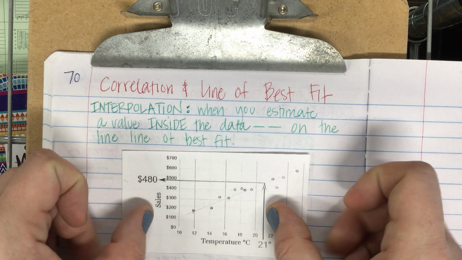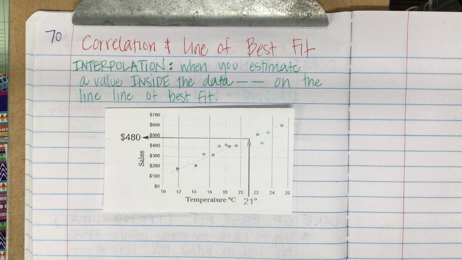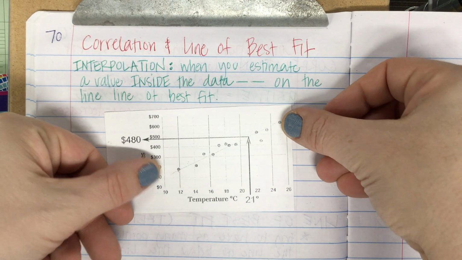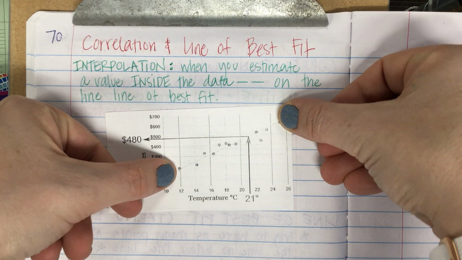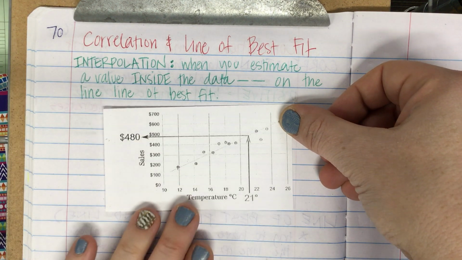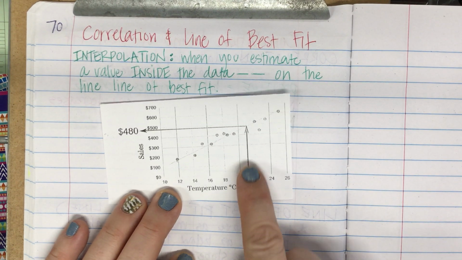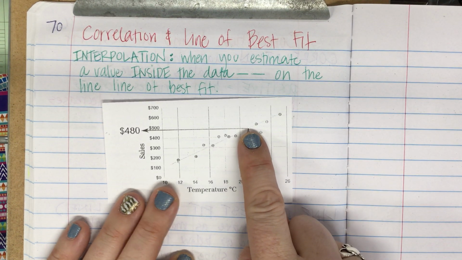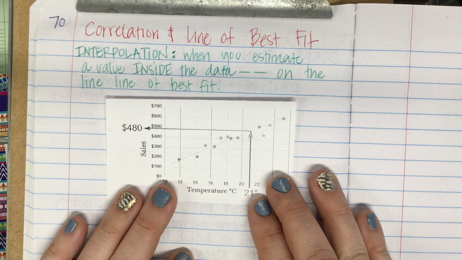So if you look, this is an interpolation estimate. Because here's my data, this is my range of my data. This is my maximum, this is my minimum. And I can estimate that when it's 21 degrees outside, a store could predict to make around $480.